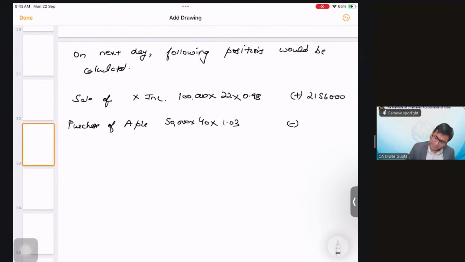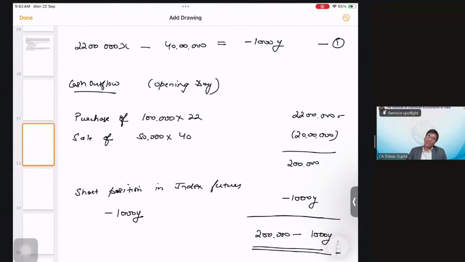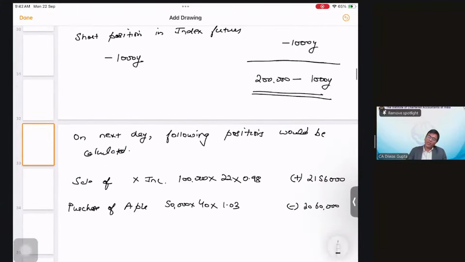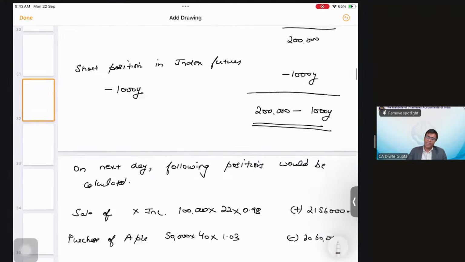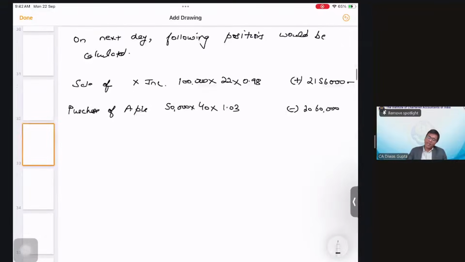Hence it becomes 20 lakh 60,000. This is what we will have to pay. Now you can always see that 22 lakh is what we have invested and we are getting 21 lakh 56,000. 20 lakhs is what we have realized, but we are paying 20 lakh 60,000. Clear? So this is the adverse movement that is impacting our profitability.